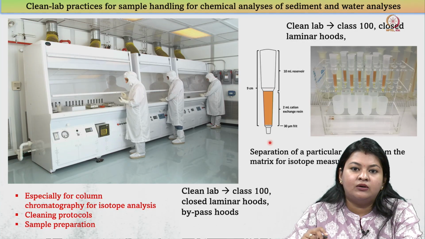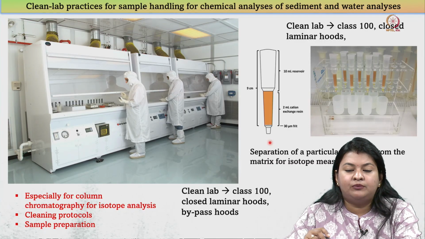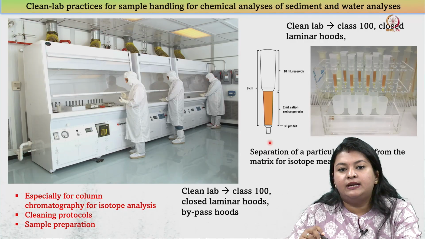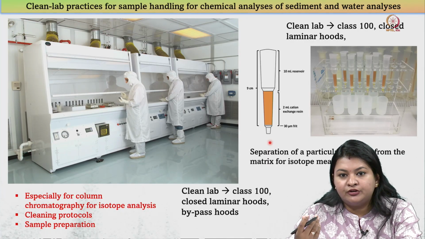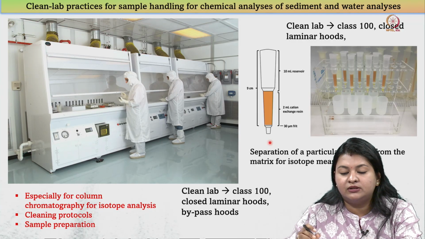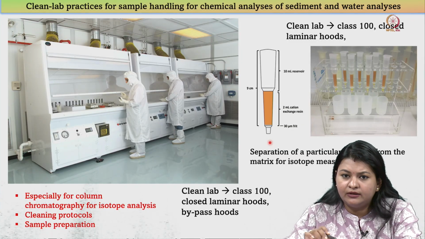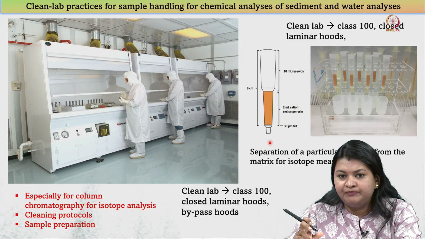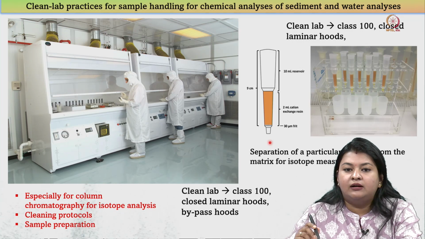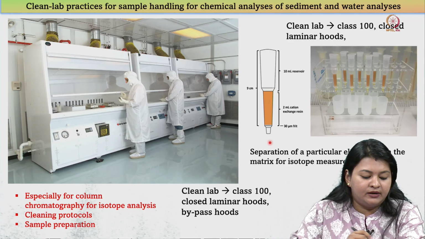Because it depends on the elemental affinity with that particular resin, at what particular acid it has to get removed, and at what solution strength it should remain attached to the resin, and all that elution process, as we say in terms of chemistry. That elution protocol has to be followed, right.